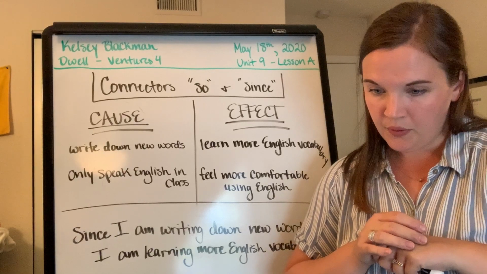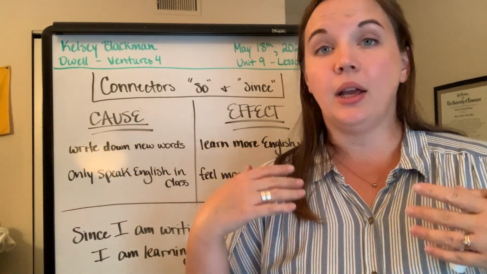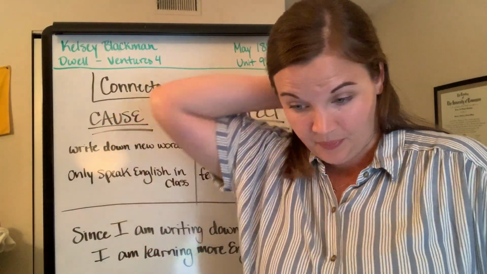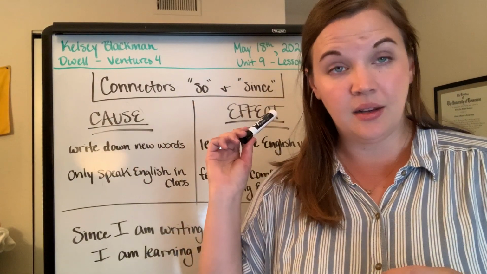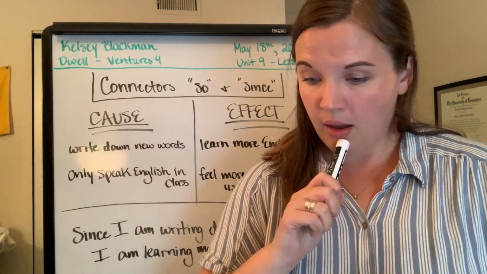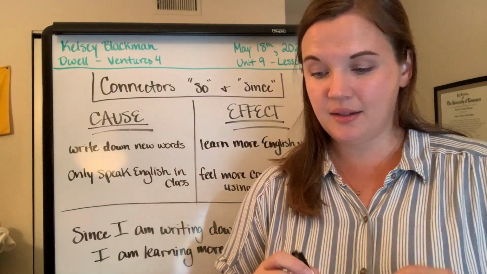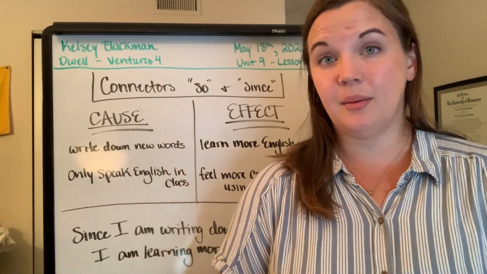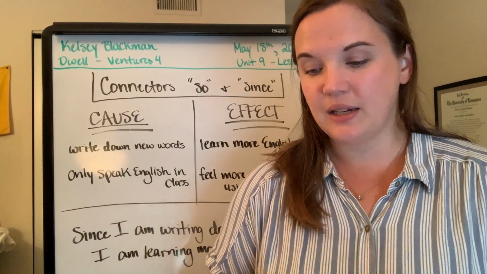So we can make sentences about cause and effect by using connectors. Connectors like so and since. We can use the connector since to signal a cause, and we use the connector so to signal effect. So even though since and so are very similar words in their meaning, their grammar is actually kind of different.